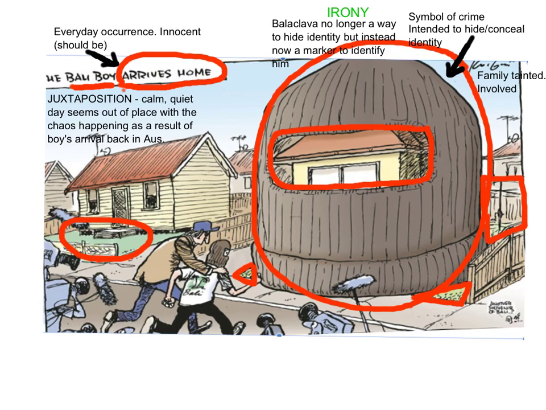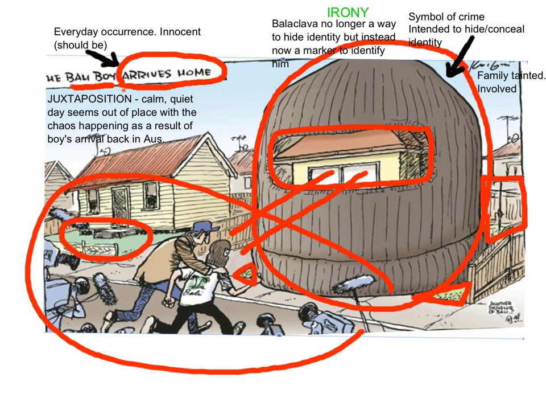The windows themselves are squarely looking not just at the boy as he runs towards the house, but also what's taking place down in this left corner and who is part of that, and sort of looking at the attention that it's receiving. The positioning of those windows draws the viewer's eyes from the balaclava and from the house down to this corner to actually look at the scene that's happening out on the street in full view of anybody who happened to be walking past.